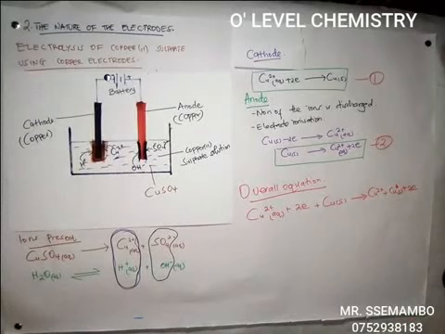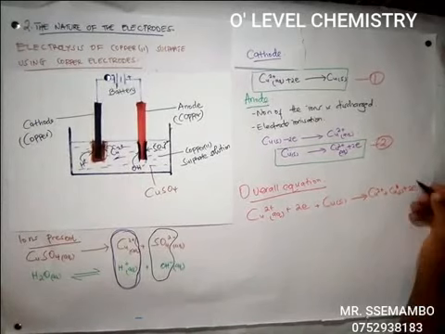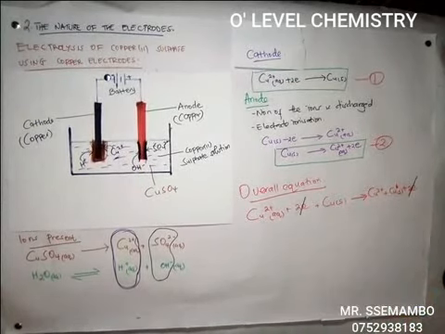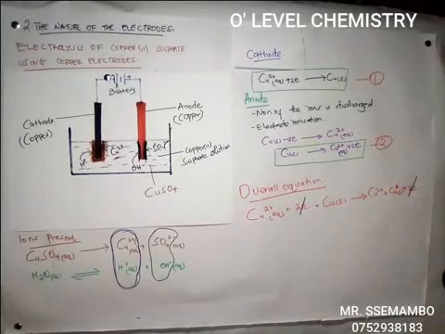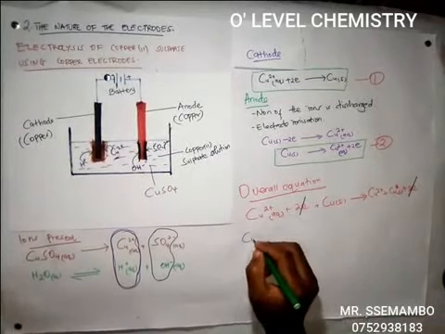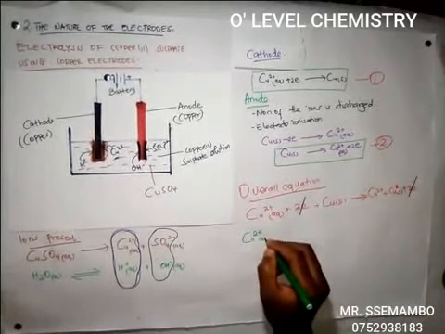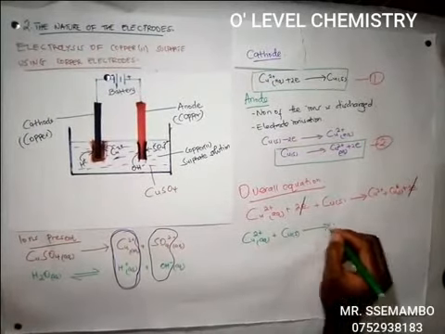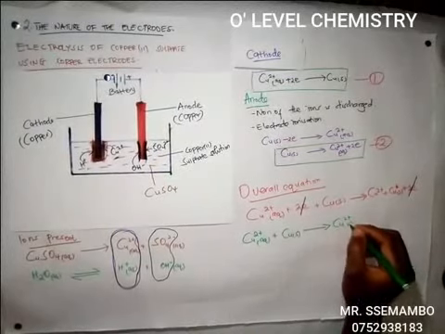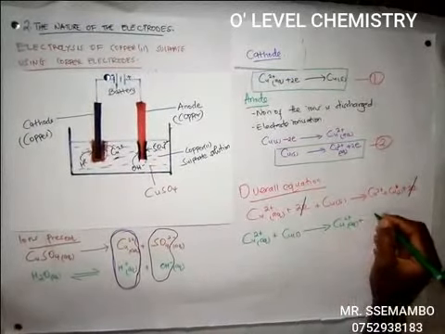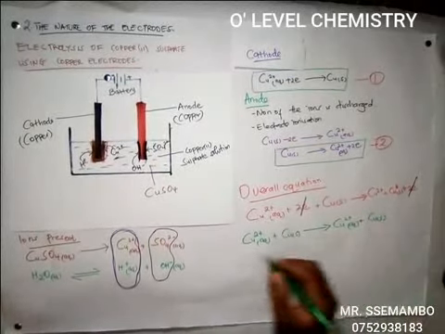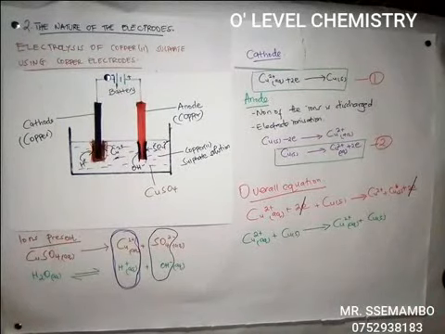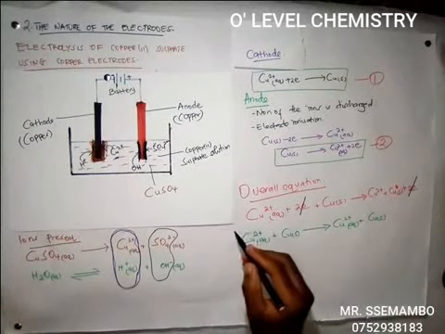So you can cancel out what is common to both sides. You have 2 electrons common on this side and that side, and then we write our final equation as copper II ions aqueous plus copper solid, giving us copper II ions aqueous, then plus copper solid. That is our final equation, as simple as that.